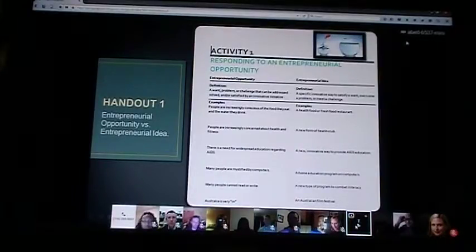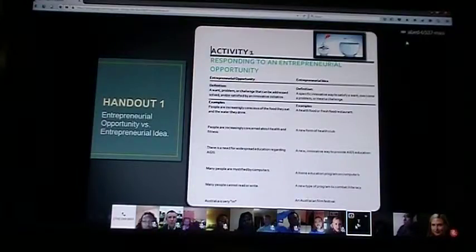Example of an entrepreneurial opportunity. People are increasingly conscious of the food that they eat and the water that they drink. So a potential entrepreneurial idea is a health food or fresh food restaurant. So you understand how you have this opportunity here, and then over to the right, you have an idea or an innovative way to satisfy that want. Okay?